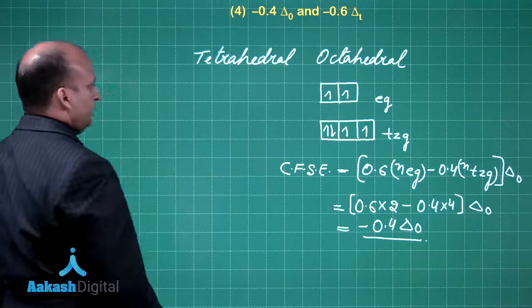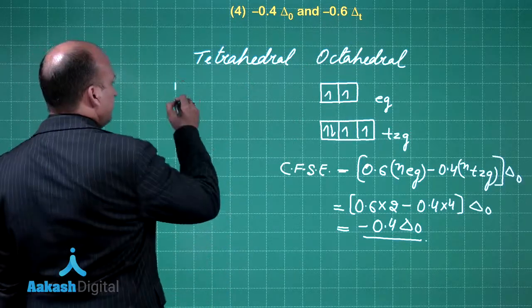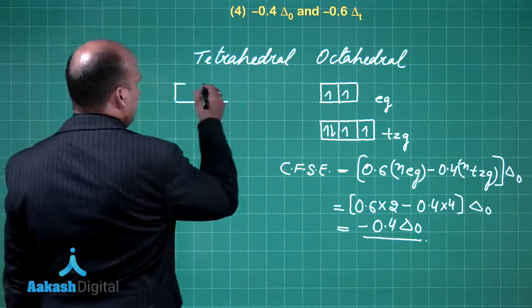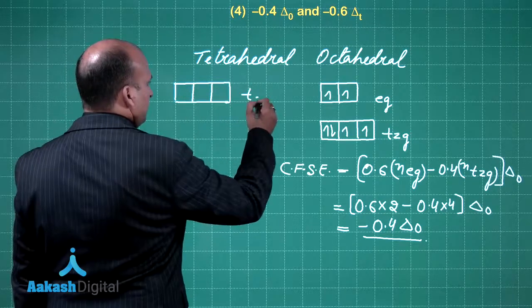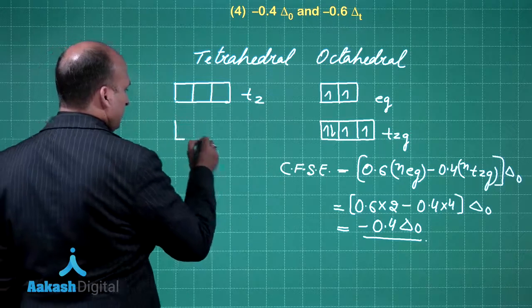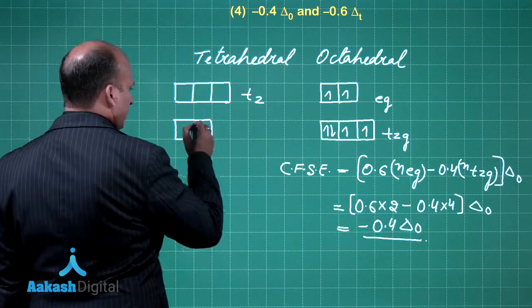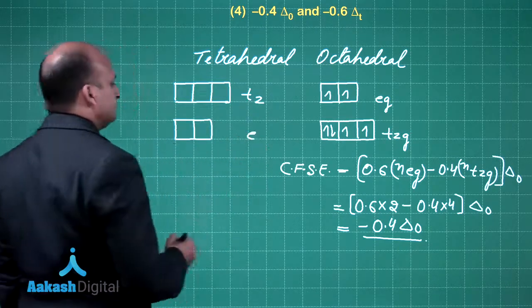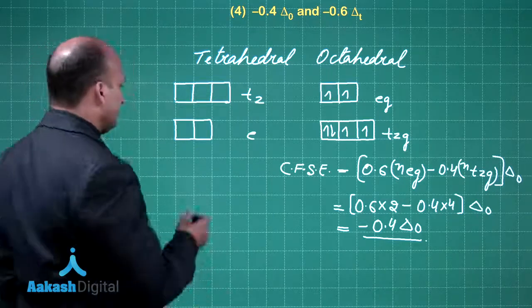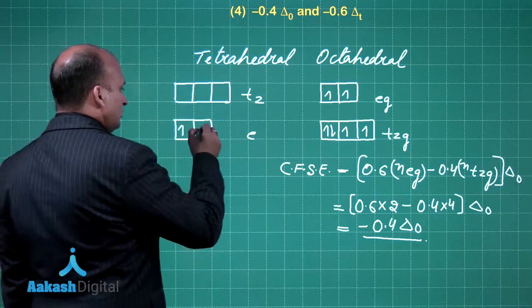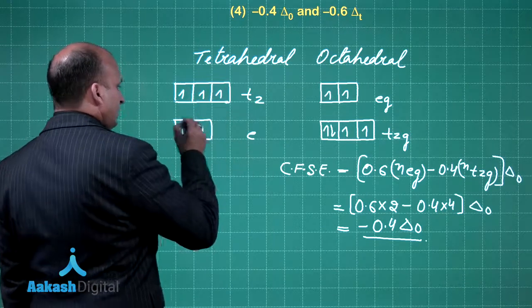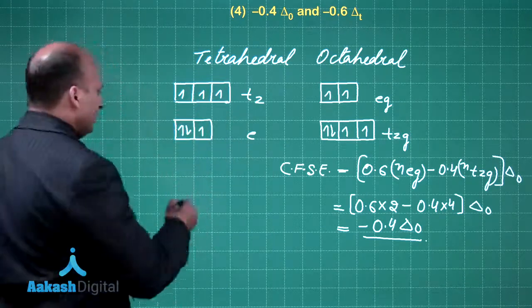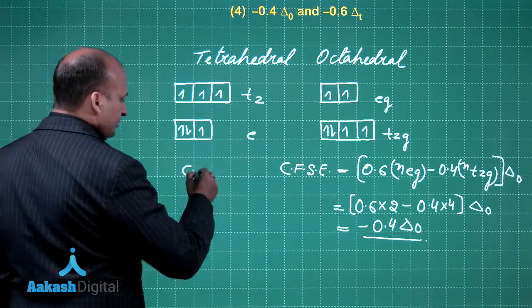Now, how does the splitting take place over here? You have the t2 orbitals over here and the e orbitals over here. Now, there are 6 electrons, 1, 2, 3, 4, 5 and 6. What is the formula for CFSE over here?